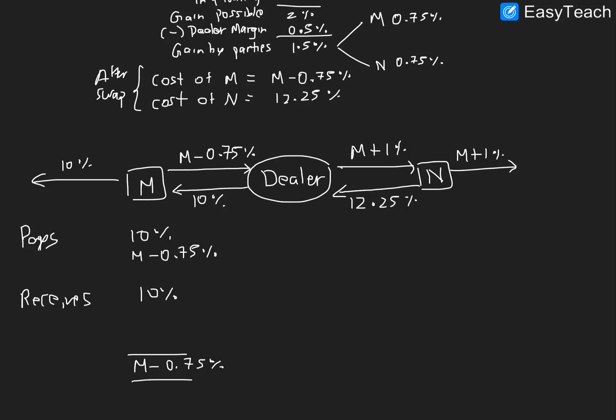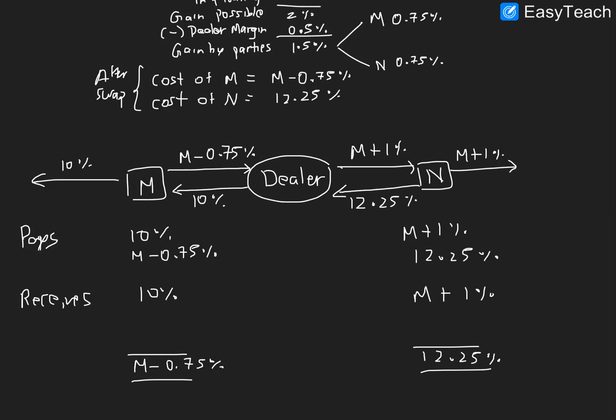If you talk of N, N pays out MIBOR plus 1%. It also pays 12.25%, and it also receives MIBOR plus 1%. So essentially the cost to N is 12.25%.